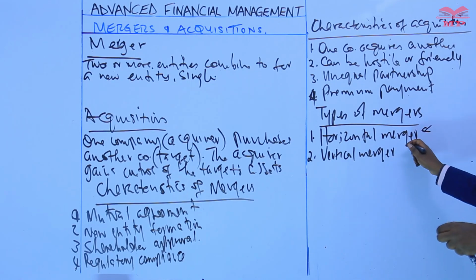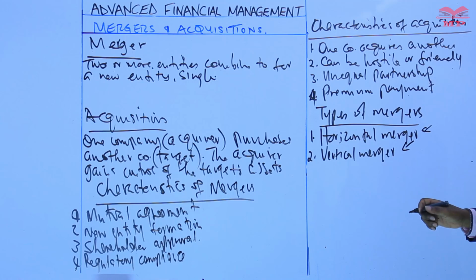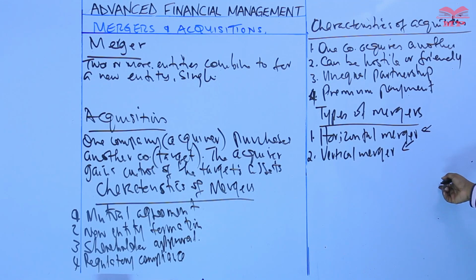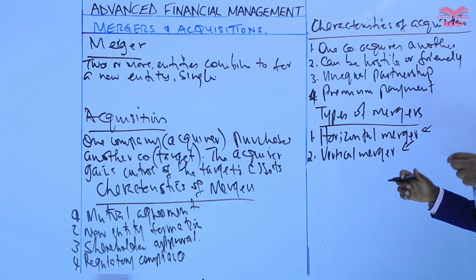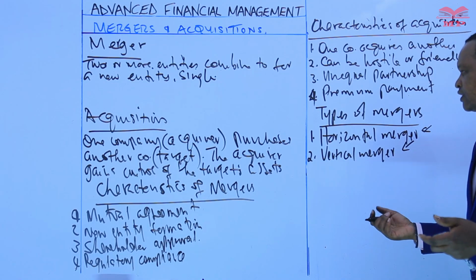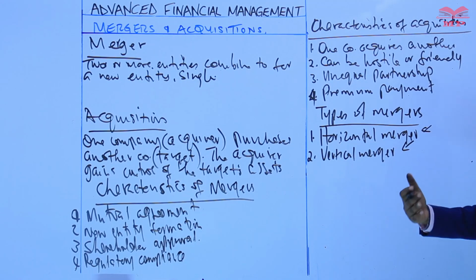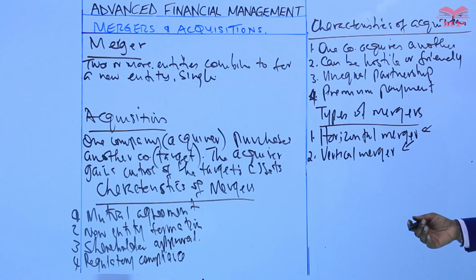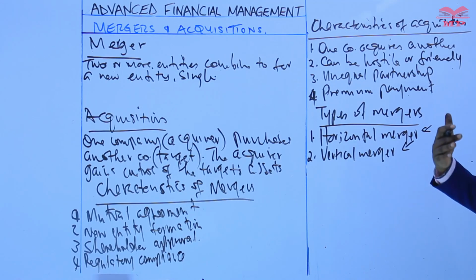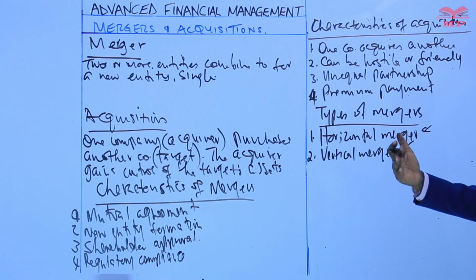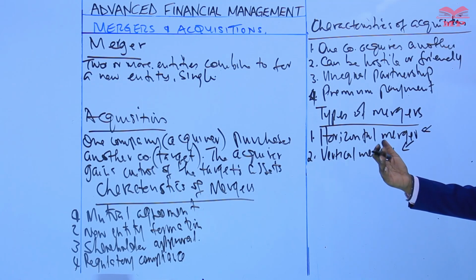Then we have vertical merger. A vertical merger is where companies in different stages of the supply chain merge. Because in the supply chain, you have the manufacturers, the retailers, and so on.